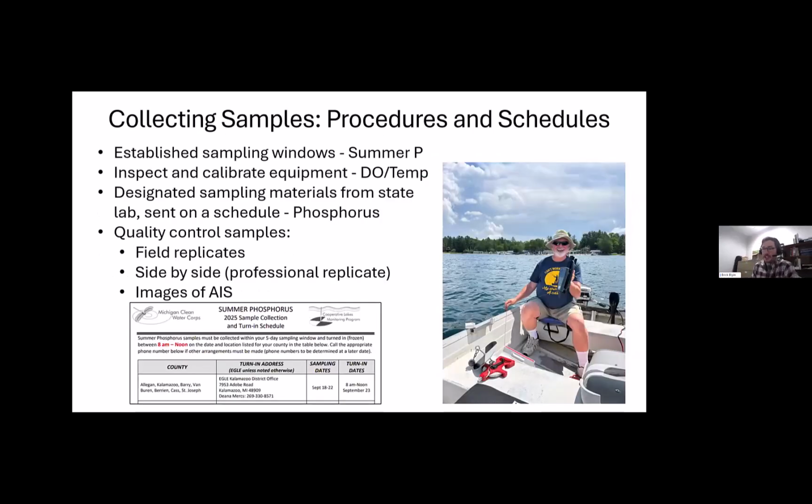So still on collecting samples, thinking of our procedures and schedules. Like I mentioned, I'll use summer phosphorus as an example again, to have apples to apples through time, we want to be capturing our lakes for summer phosphorus at the height of summer stratification. And so we give a 5-day window to collect that data.